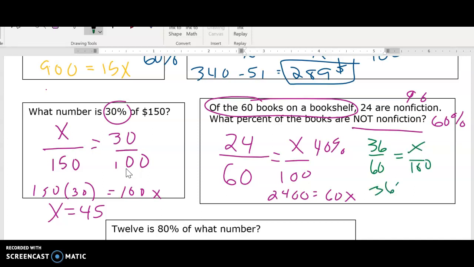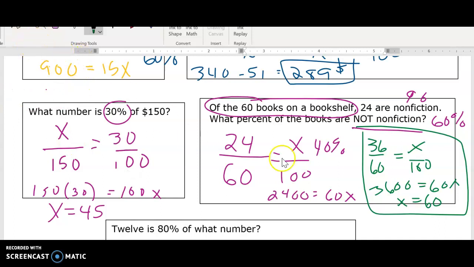And that would be 3600 equals 60x. X equals 60. So this time I found the not and then figured out the percentage. The first one I figured out the percentage and then found out the nots. And remember that when I have everybody, it's 100%.